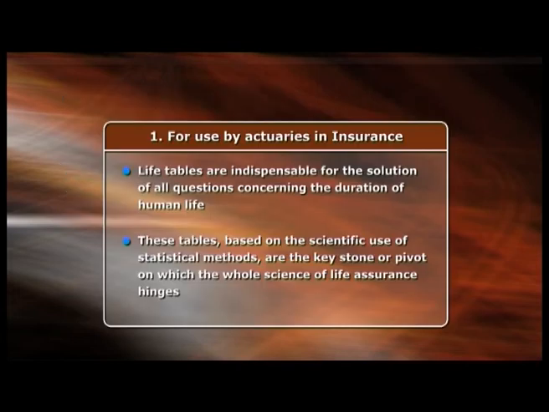1. For use by actuaries in insurance, life tables are indispensable for the solution of all questions concerning the duration of human life. These tables, based on the scientific use of statistical methods, are the keystone or pivot on which the whole science of life assurance hinges.